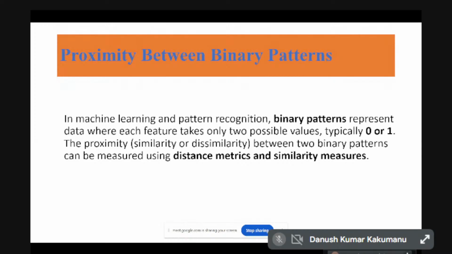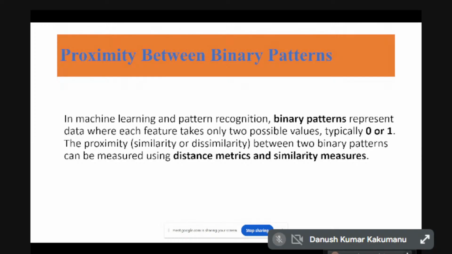So here, stop writing. I will give you the time because I know you are having the exam next week. That's why I'm going very fast. Whenever we are calculating the distance, the proximity measures also consider the binary patterns.